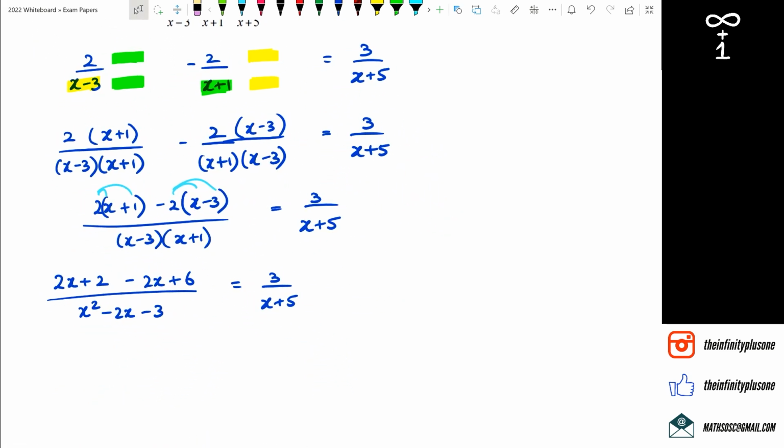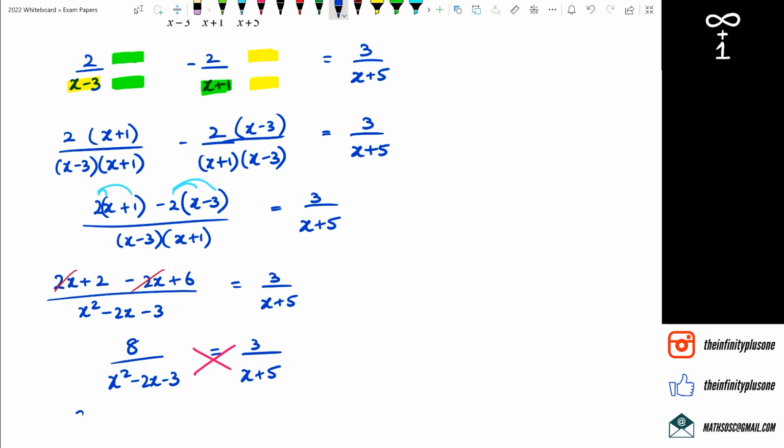So the numerator could be simplified now as just 8, because 2x take away 2x is going to disappear. And I've got 8 over x squared minus 2x minus 3 equals 3 over x plus 5. So at this point, what I could do is actually cross multiply.